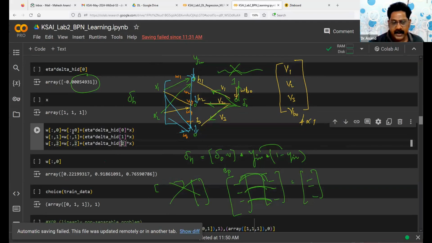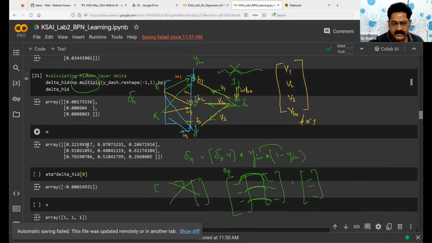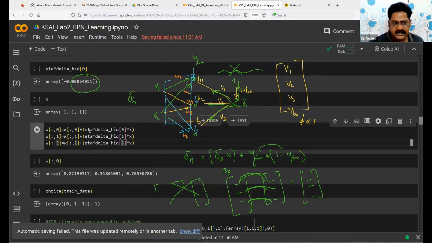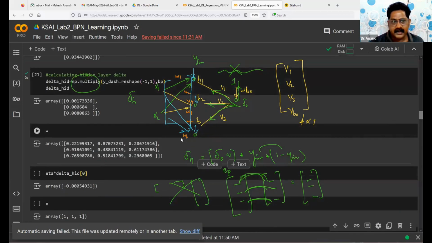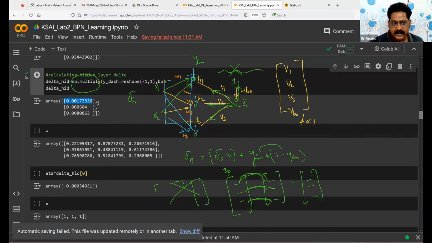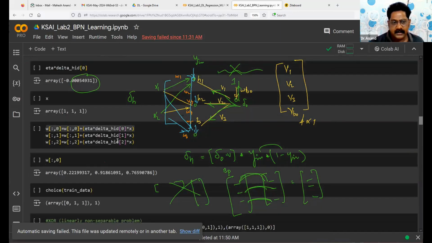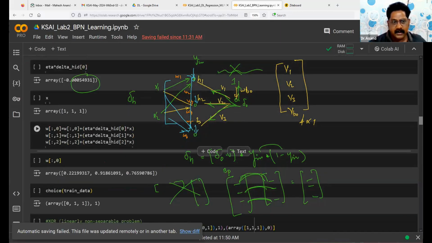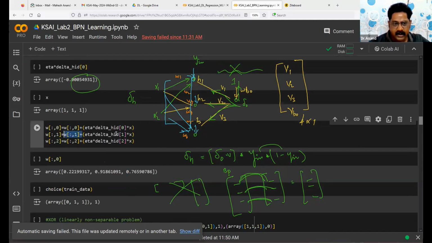You know, W square bracket colon comma 0, it's going to fetch the first column. While I fetch the first column, look at which delta I have used. Hidden delta square bracket 0. That means the first value, this one I use. Similarly, while fetching the second column, I'm using the hidden delta second value, delta H2.